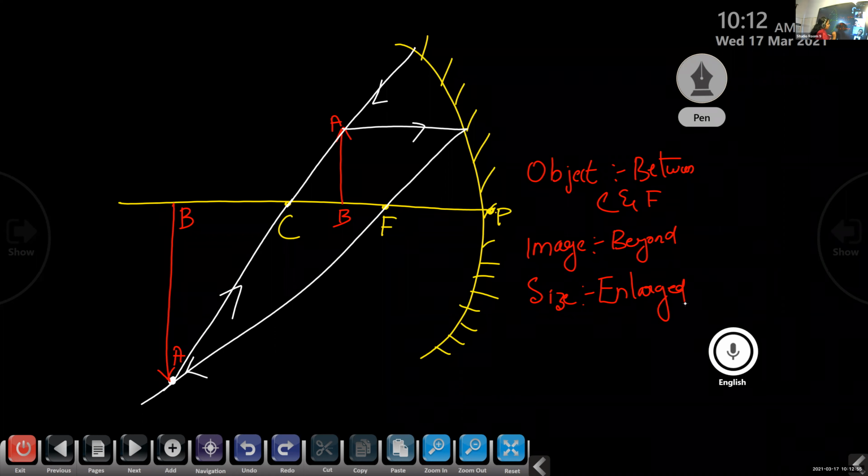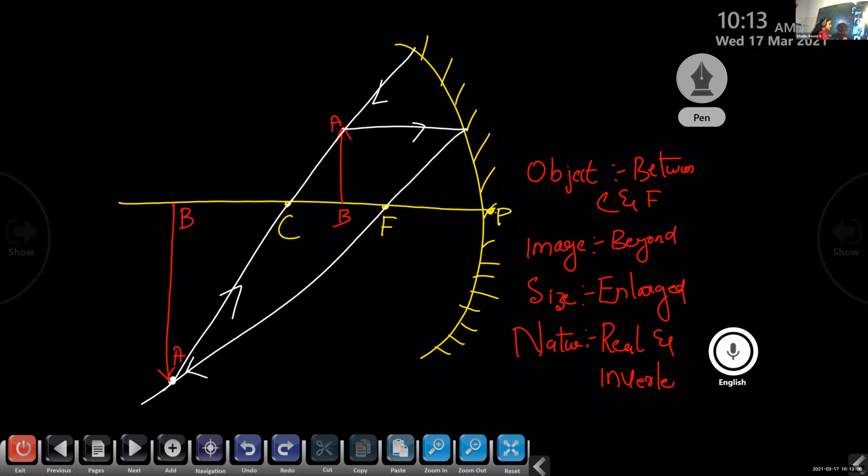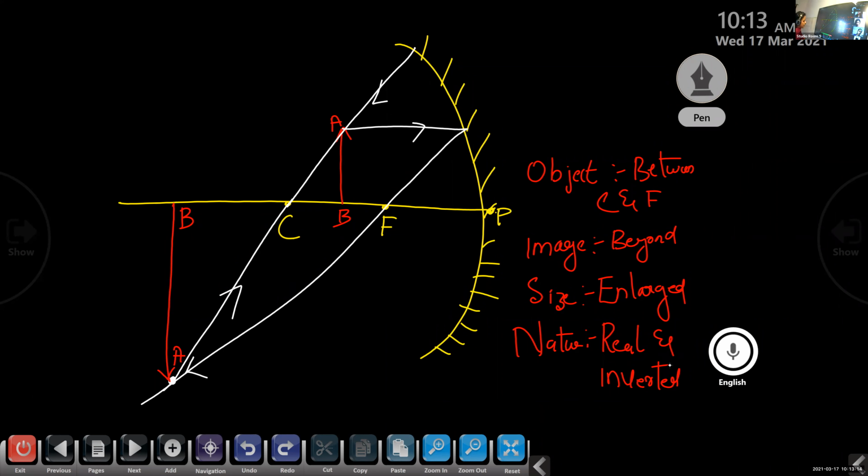And what about the nature? Nature is real and inverted. Clear? This is the same case. We just repeat it again.